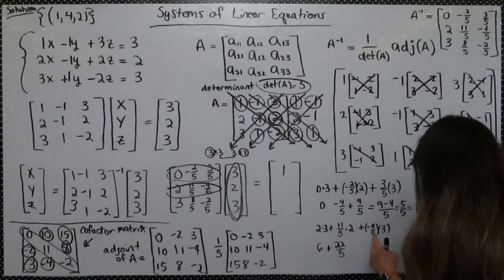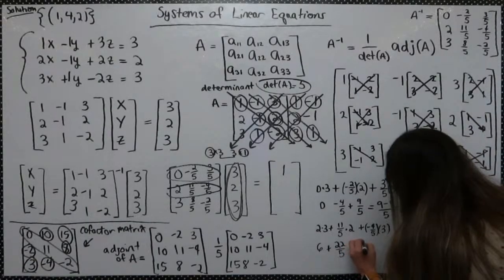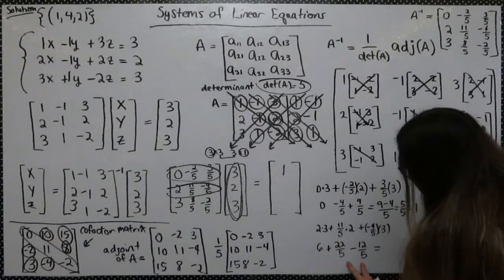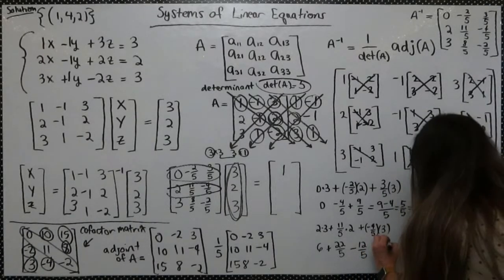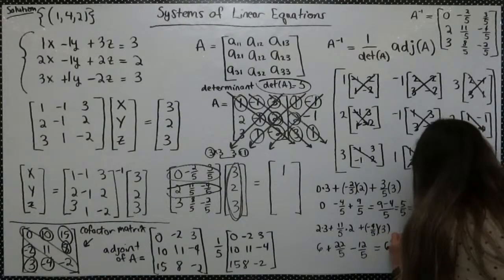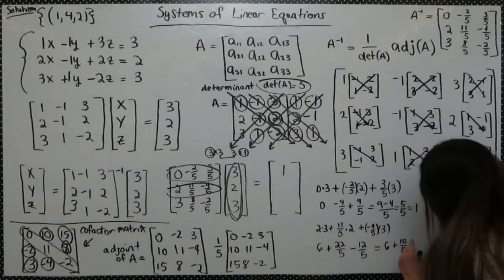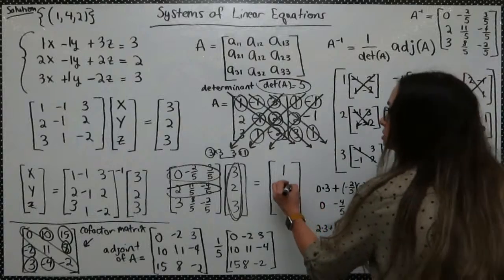And -4/5 times 3 is -12/5. So we'll combine our fractions first. 22 minus 12 is 10. So this is 6 plus 10/5. And 10 divided by 5 is 2. So that's 6 plus 2, which is 8. So the second position is 8.